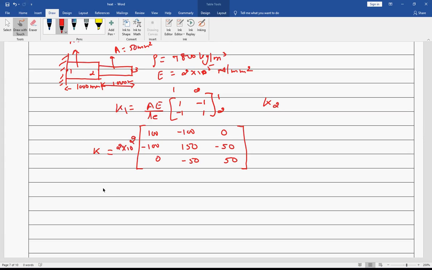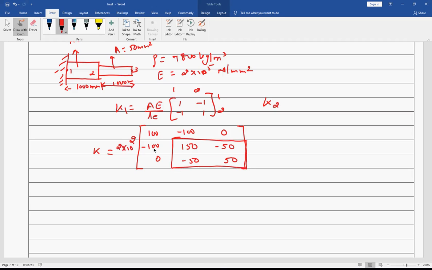Okay, fine. So now next step is to create a mass matrix. Now one of the important things is that the first row and the first column will get eliminated. So this is my K actually, which I am going to require. Why?